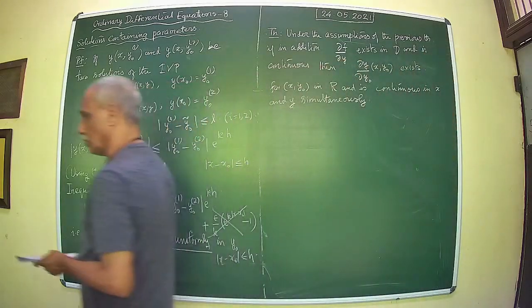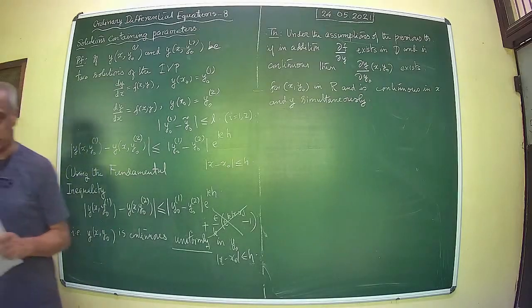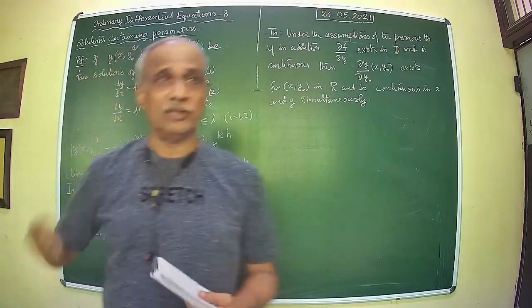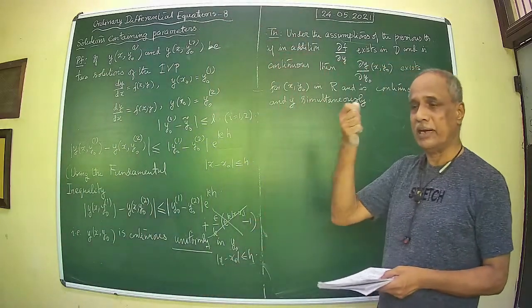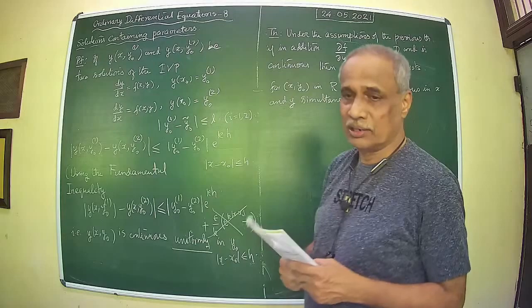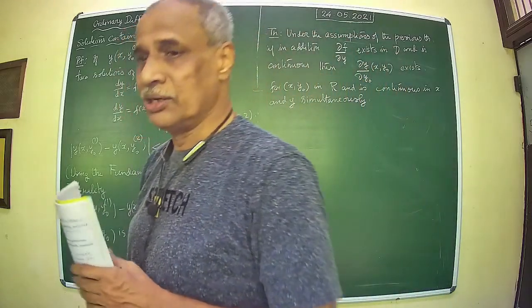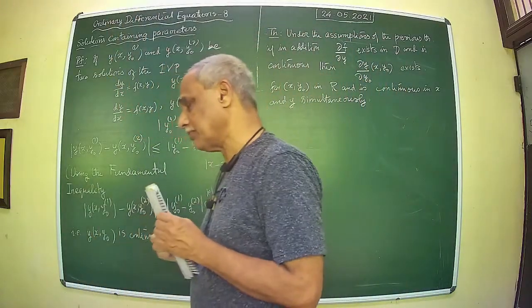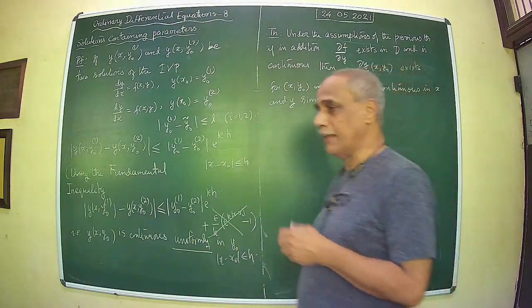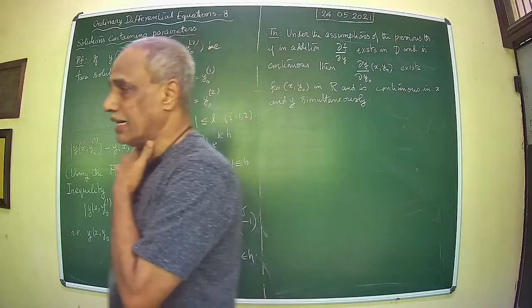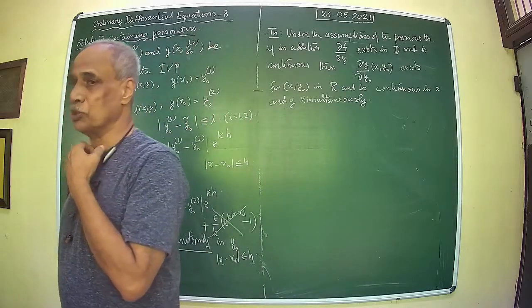Obviously, the smoother your function is, there is a corresponding level of smoothness on the solution that you get, not only as a function of x, but also on the parameter y0, or the initial data that you impose on the problem.